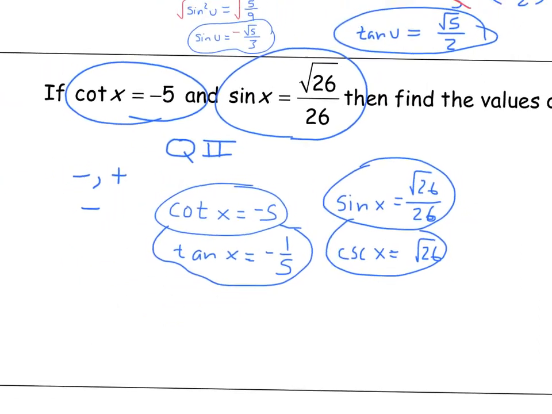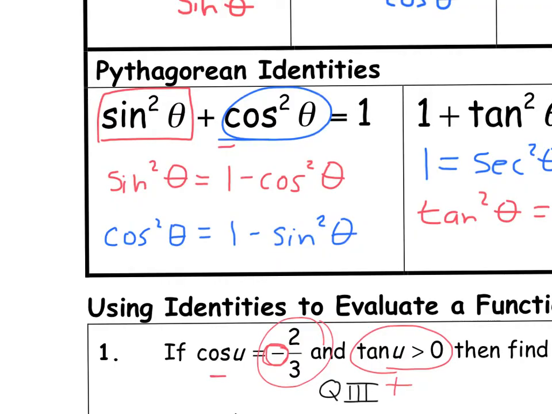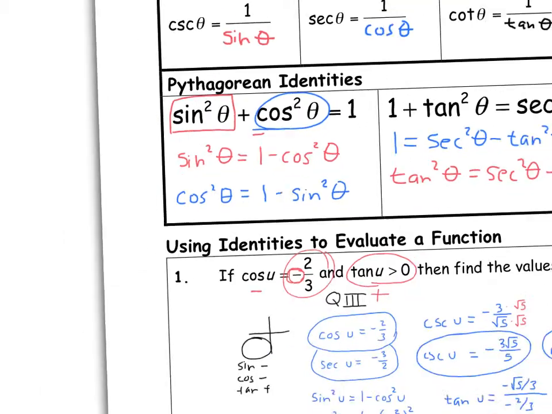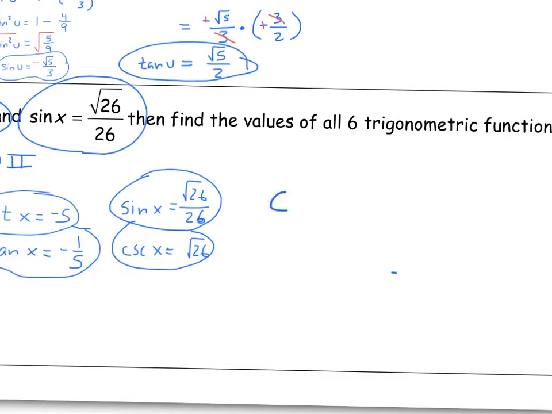So now I need to use one of my identities. We see that we're looking for cosine, so let's use this bottom one here. Cosine squared of x is going to be 1 minus the sine squared of x. So I'm just going to take my sine and square that guy over there.